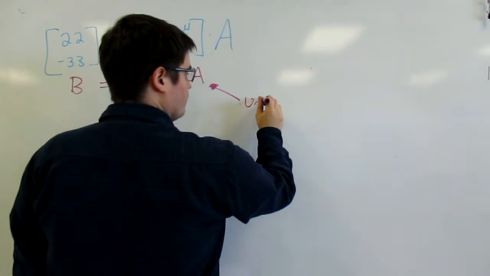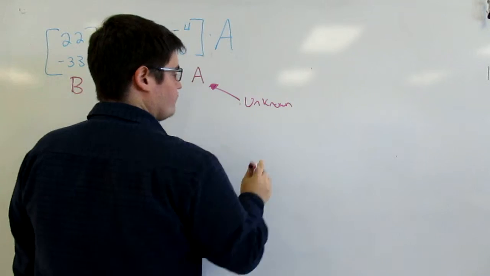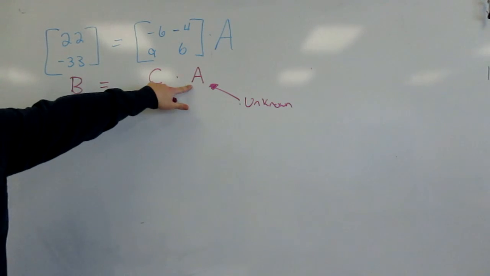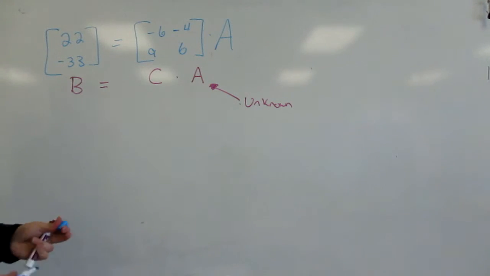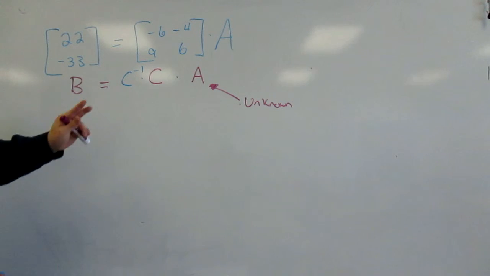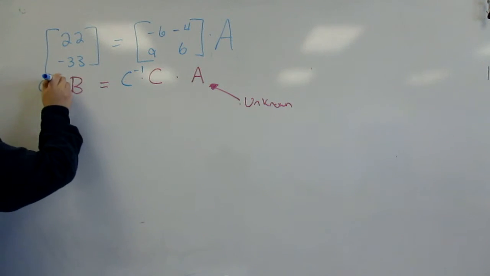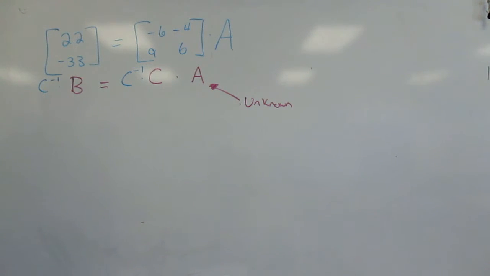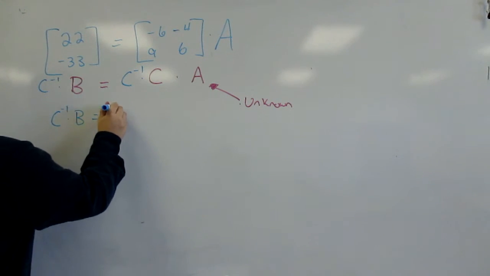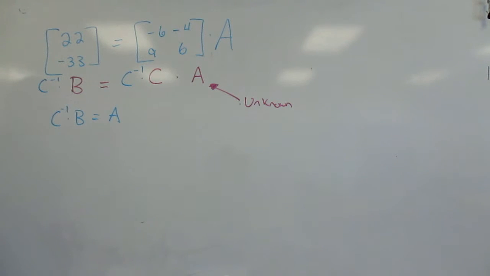This is our unknown. Okay. Remember, we want to get A by itself, so we have to multiply by C inverse. Order matters. Multiply on the left, multiply on the left over there. So now we have C inverse times B equals that unknown matrix A.